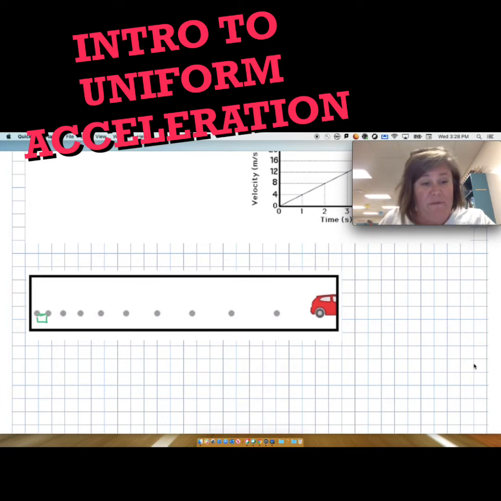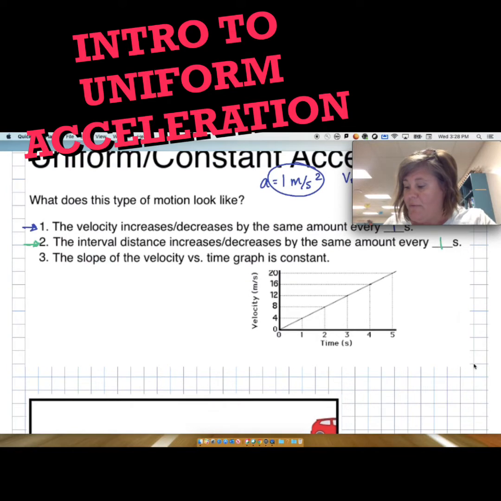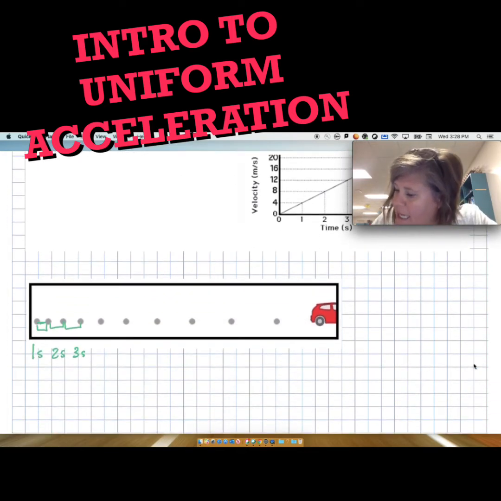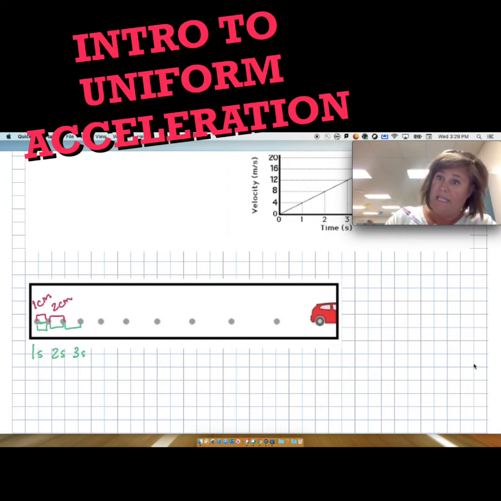Let's say this is how far the car travels in the first second. This is how far the car travels in the second second. This is how far it travels in the third second, and so forth. I said up here, the interval distance in this case is going to increase because the car is speeding up, but it's going to increase by the same amount. So I'm just going to put numbers with this to help me out. Let's say that the interval distance here is 1 centimeter. That means in the second second, we're going to increase the interval distance by 1 centimeter, so that would be 2 centimeters, which is 1 centimeter greater than the previous one.